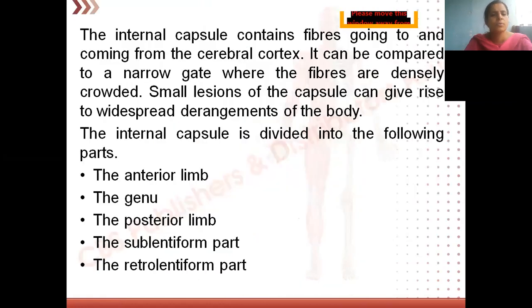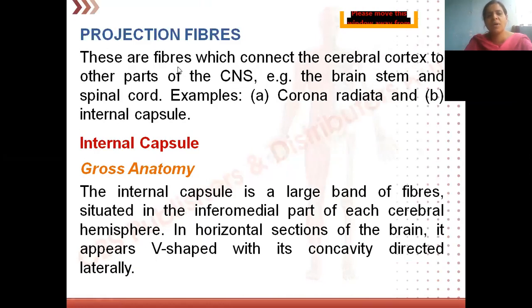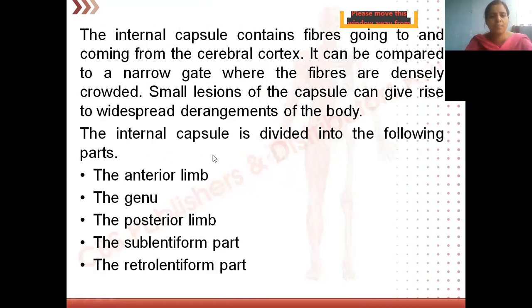So projection fibers are the fibers which connect the cerebral cortex to other parts of the CNS, that is, the brainstem and spinal cord. Examples are the corona radiata and internal capsule.